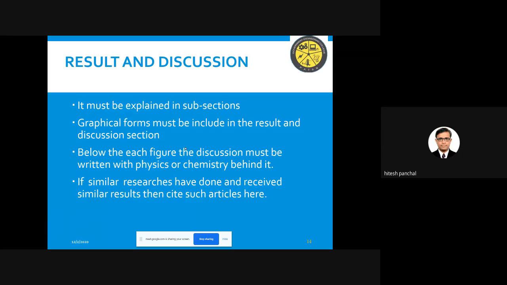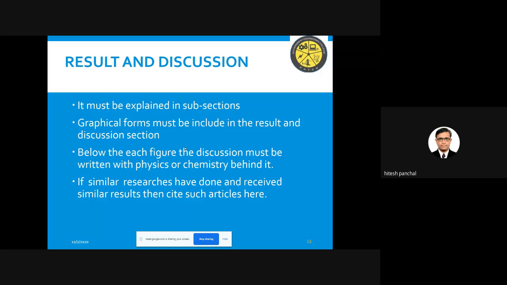Graphical forms means in result and discussion you will see the graphs. Graphical forms must be included in the result and discussion section, as we all know. And one more thing you should keep in mind: below each figure, the discussion must be written with the physics or chemistry behind it.